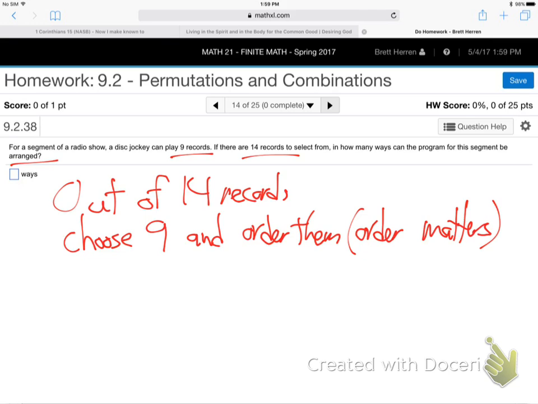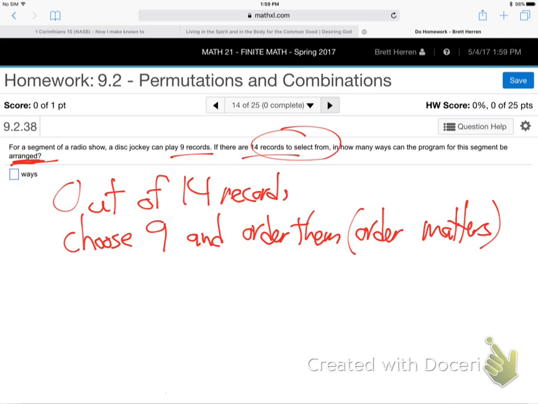Do you agree with that first off? The disc jockey has 14 records to select from, that's his pool of records. Out of those 14, he's going to pick 9 and arrange them, which implies they care about the order, right?